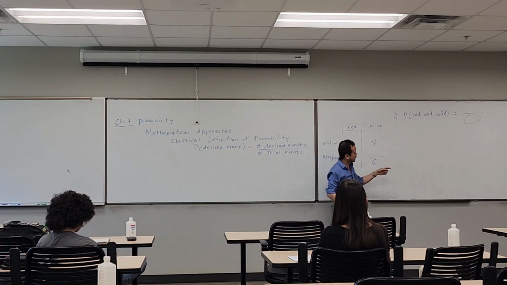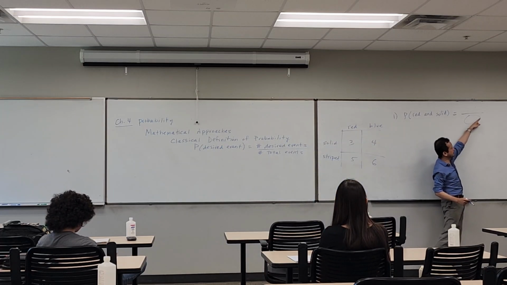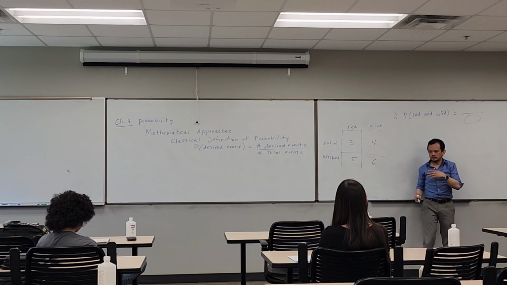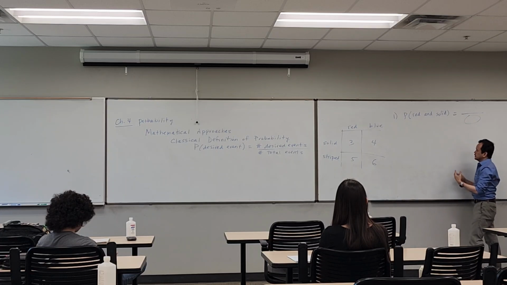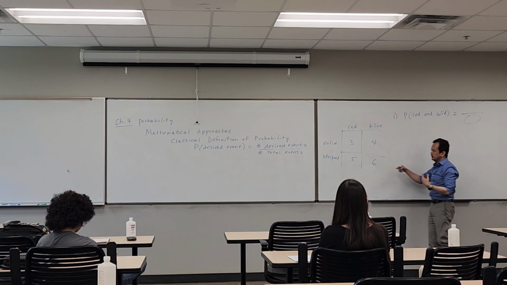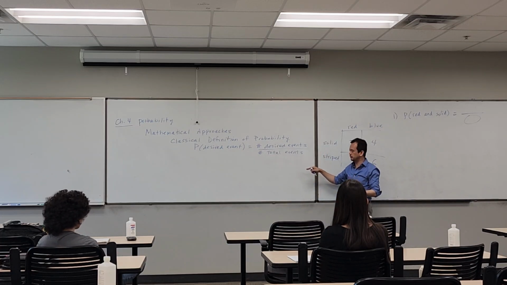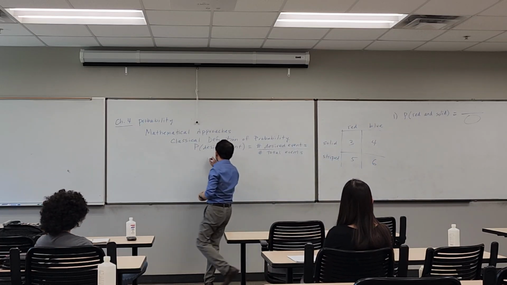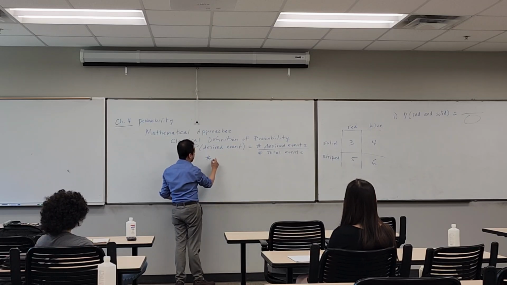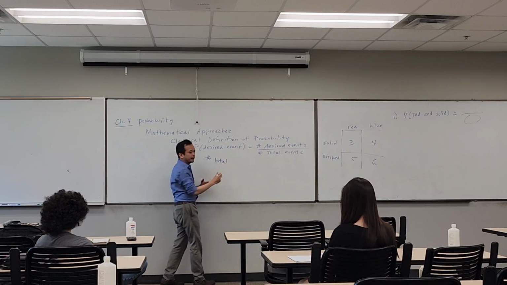Remember we said last time that the number you pick on the bottom is important because it represents the total events, and you're also assuming that the total events have to be equally likely of occurring.